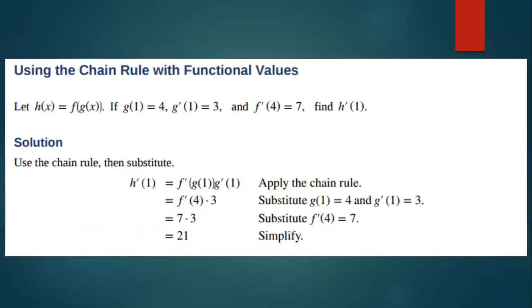Using chain rule with functional values, let us say मेरे पास h of x है जो कि f of g of x है, okay, if g of 1 equals to 4 and g derivative of 1 equals to 3 and f derivative of 4 equals to 7, find h derivative of x। तो सबसे पहले मैंने क्या करना है, इसमें उसी तरह डेरिवेटिव ऑफ h of x फाइंड करना है। मेरे पास h of x गिवन क्या है, this will be equals to f of g of x.